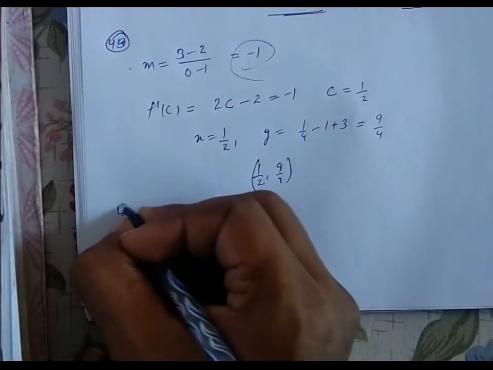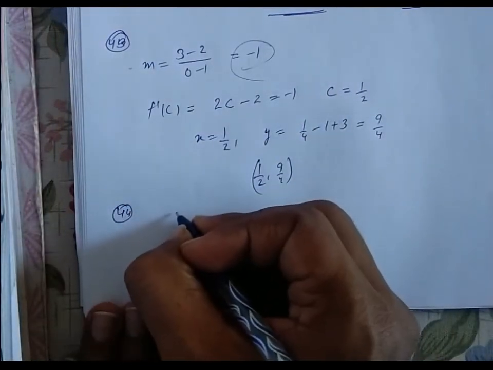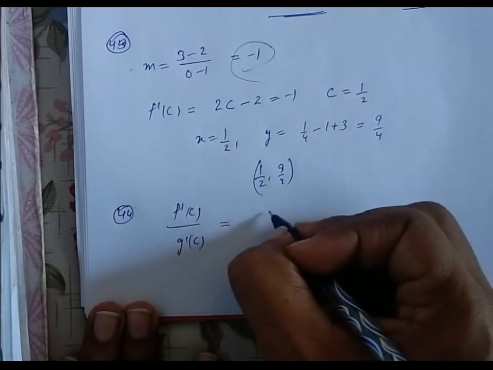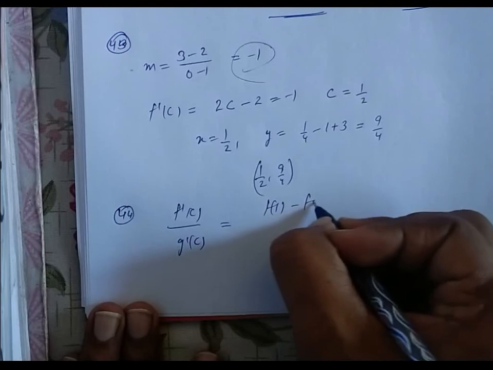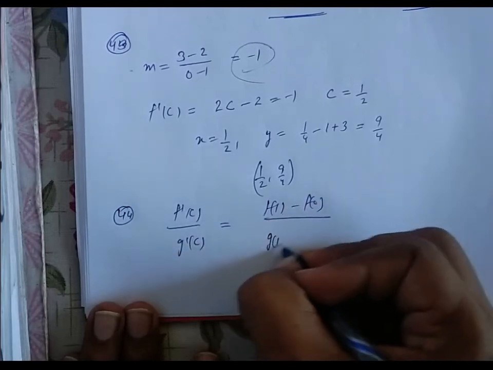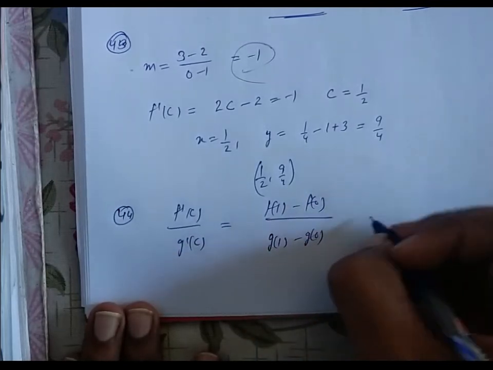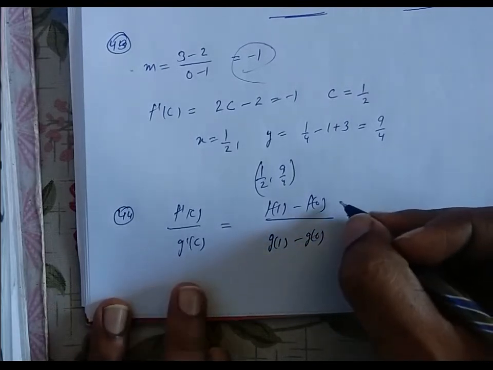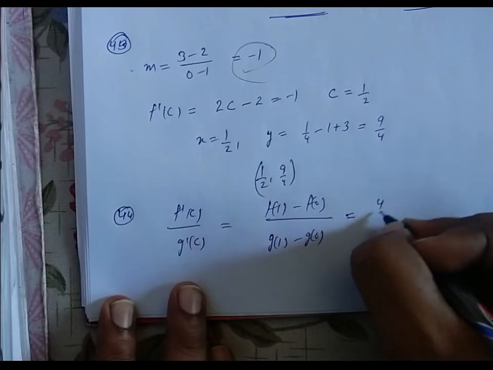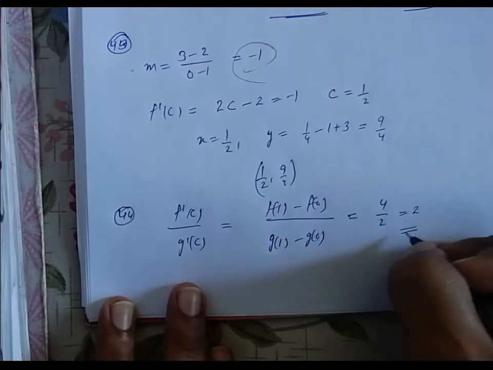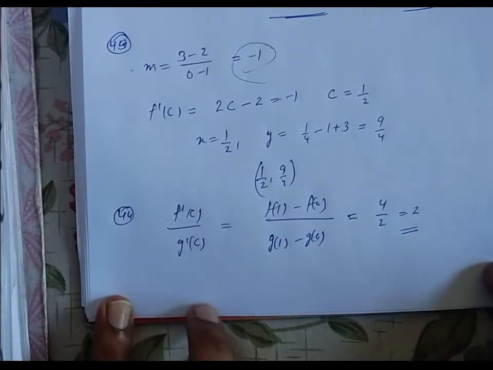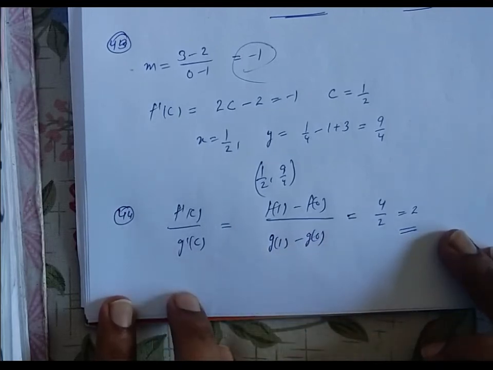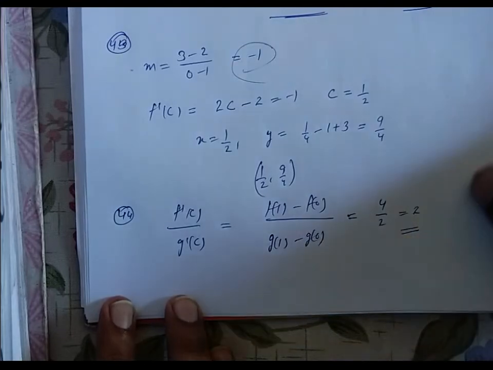So see 44, f dash c upon g dash c is equal to f1 minus f0 upon g1 minus g0. Using LMVT in both f and g, so we get 4 by 2 is equal to 2. Okay, so f dash c is equal to twice of g dash c.